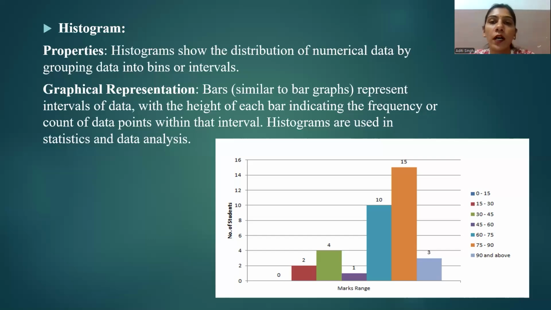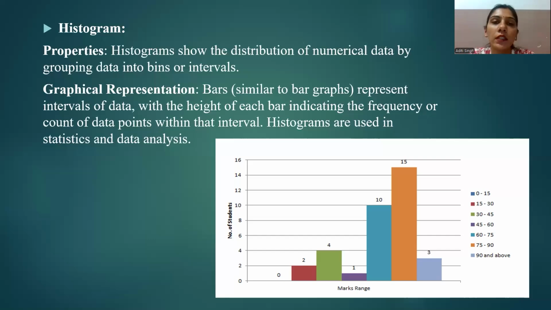The rectangular bars show the area proportional to the frequency of a variable, and the width of the bars represents the classes or the class interval. Basically, frequency means the number of times a variable is occurring.